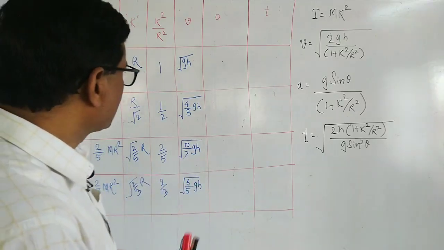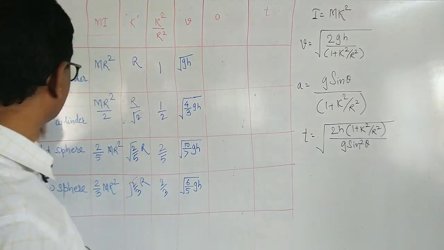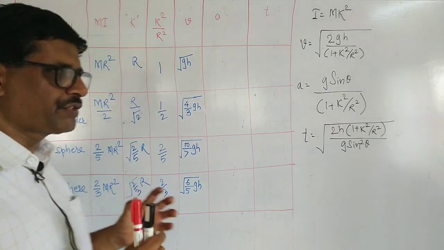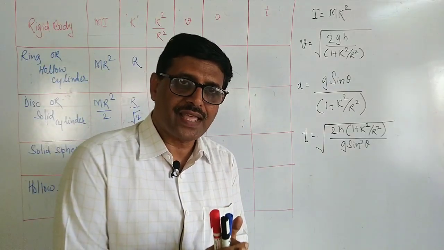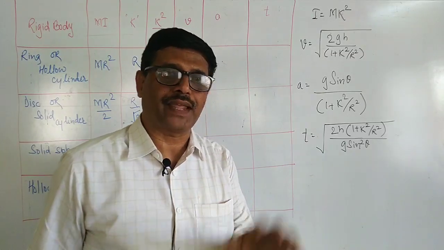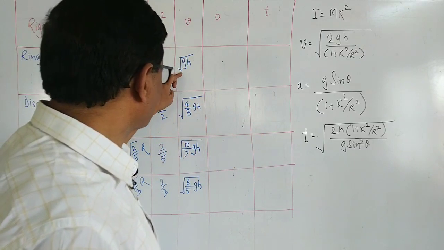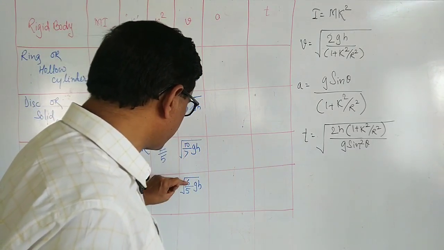We will see out of all the 6, which one has greater velocity on the inclined plane? Here it is gh, it is 4/3 gh, it is 10/7, 6/5.